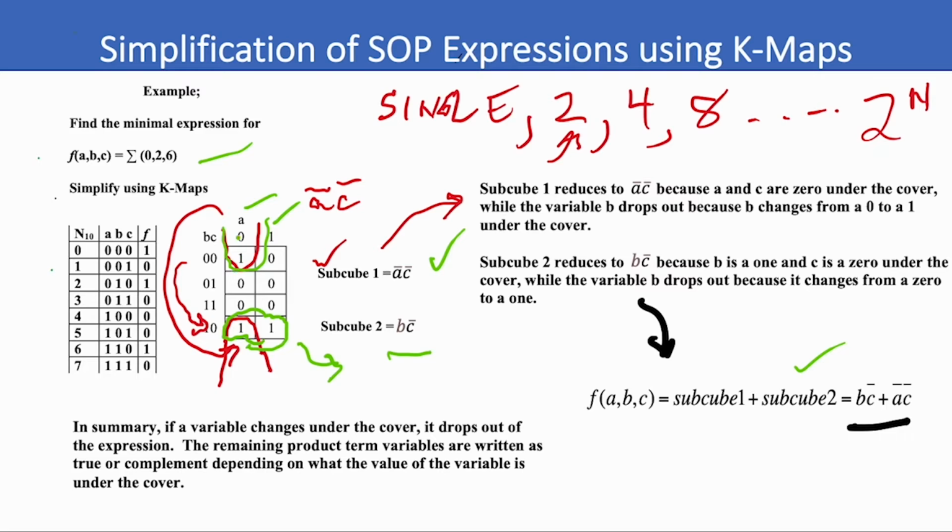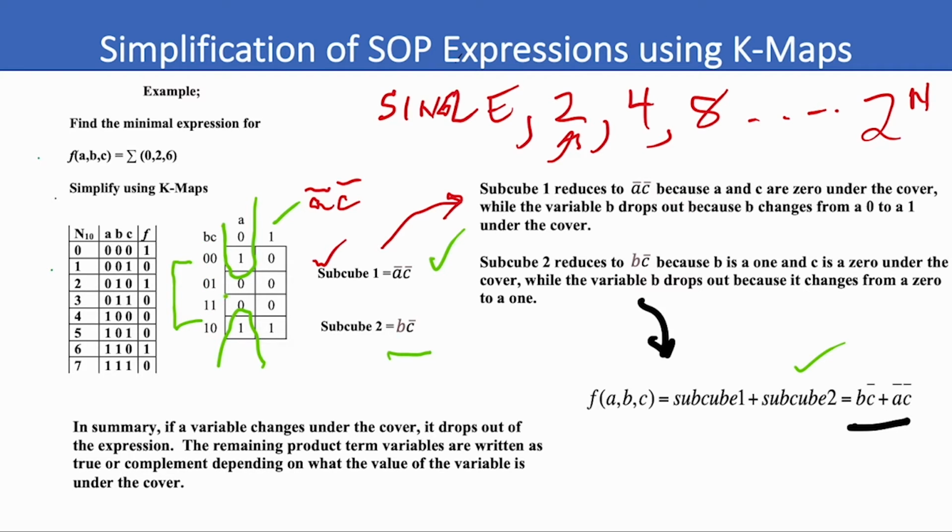The first cover, we had these 2 right here. Again, A didn't change. It stayed as an A bar, actually. But as we go from this point right here down to this point, we see that B changed from a 0 to a 1.